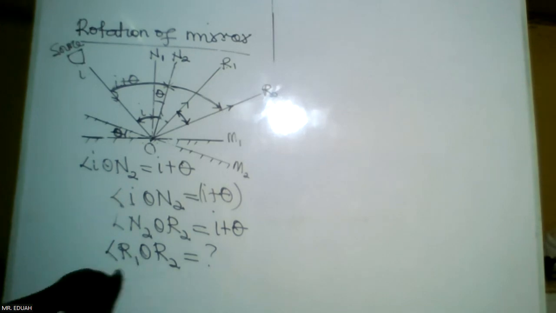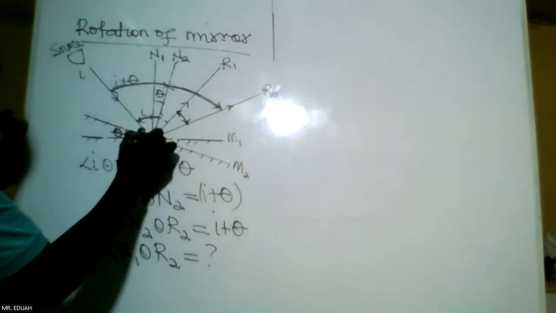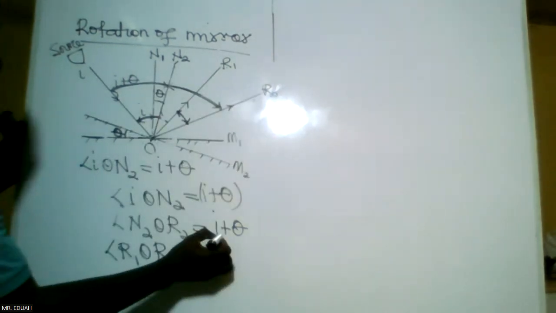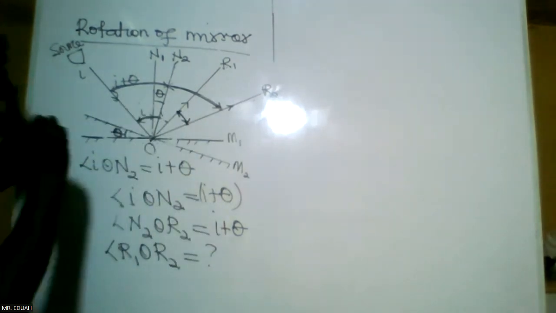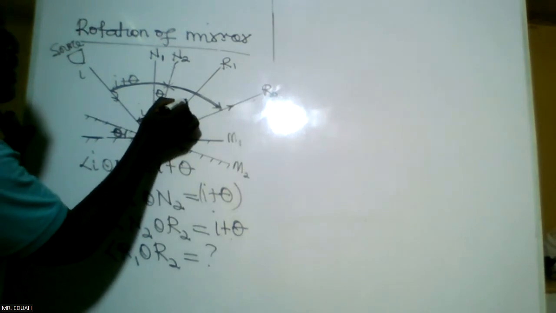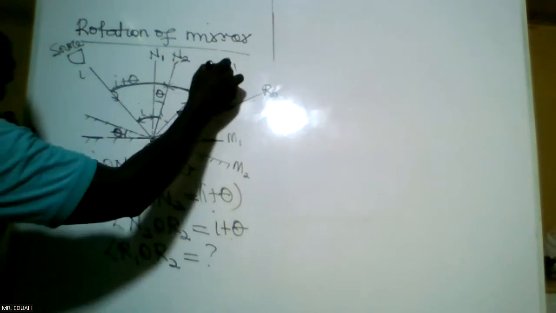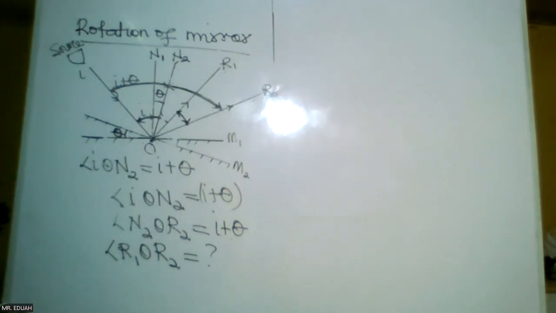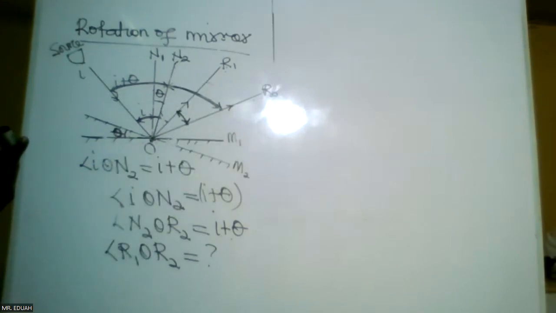So this is what we are interested in. Now, we have this angle N2OR2, which is I plus theta. We want this angle. If we could find angle N2OR1, we just subtract it from the bigger picture to get this.